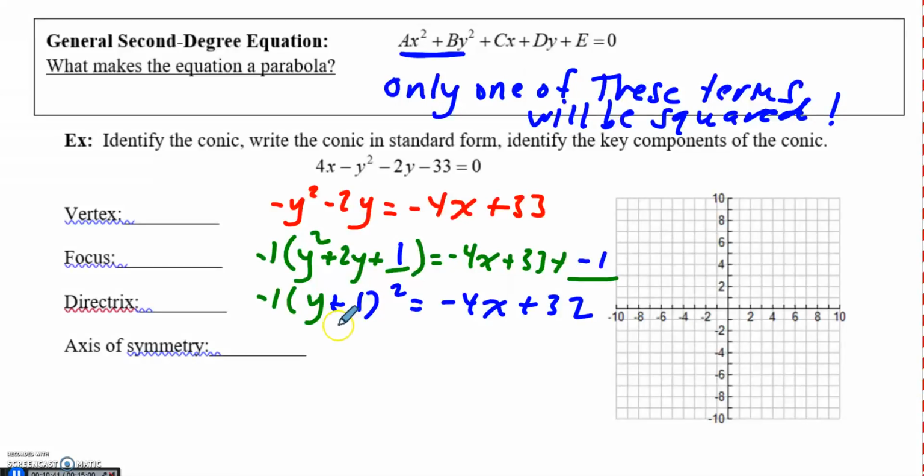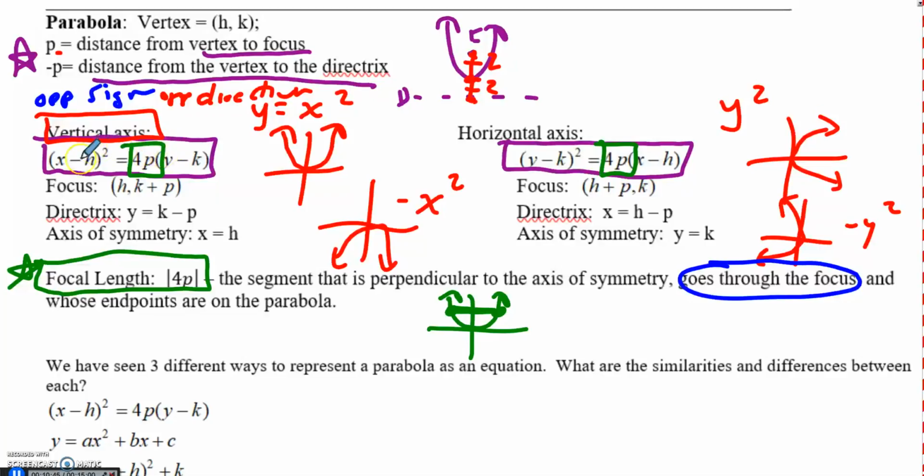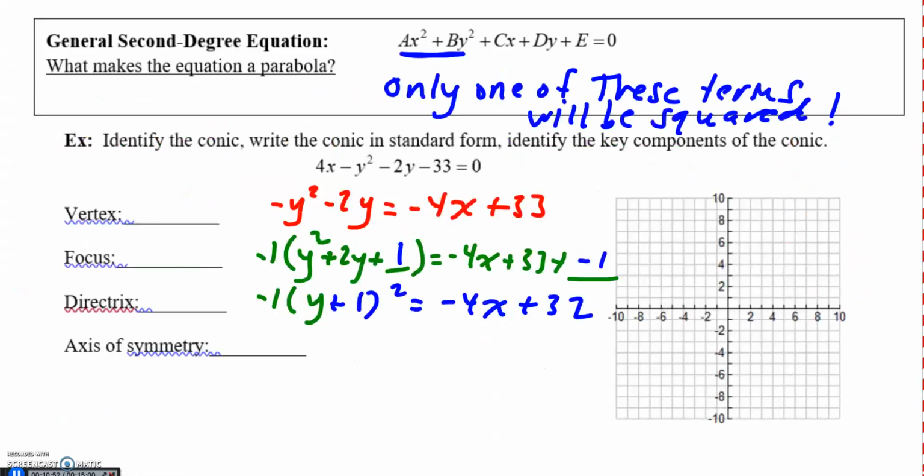So from there, I'm just noticing some patterns. If I go back to my general form, notice that this side has parentheses and this side has parentheses. So maybe I can take a GCF out over here as well. So I would have -1 times the quantity y plus 1 squared equals -4 times x minus 8.